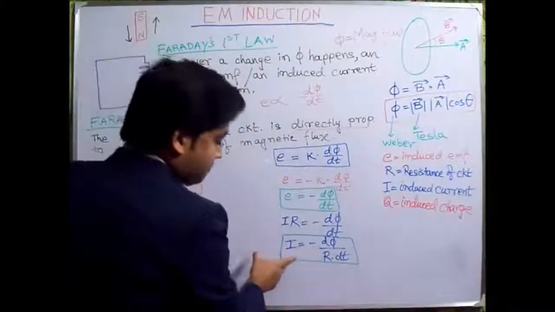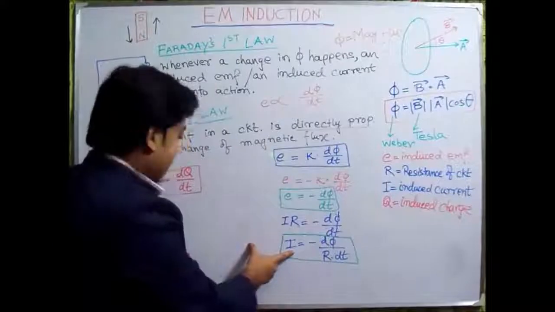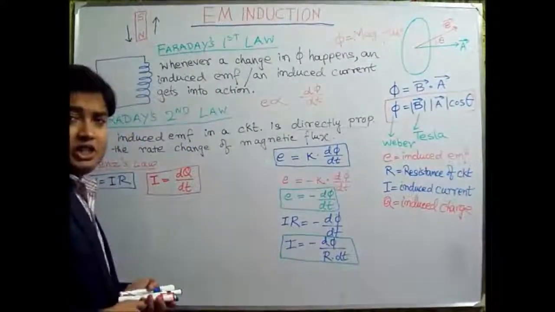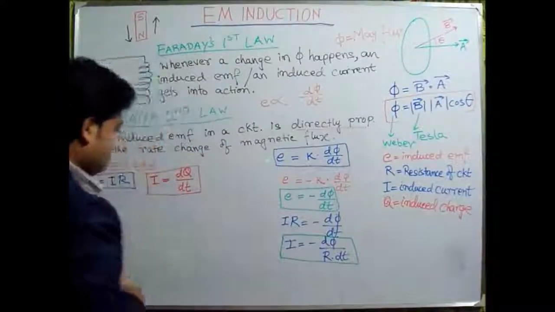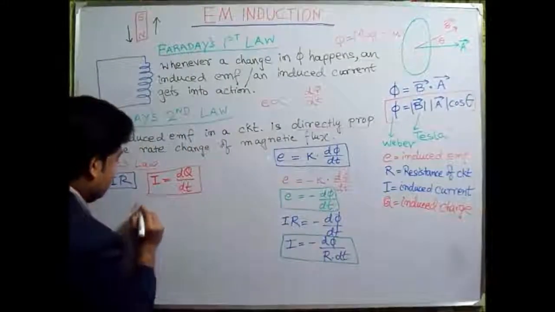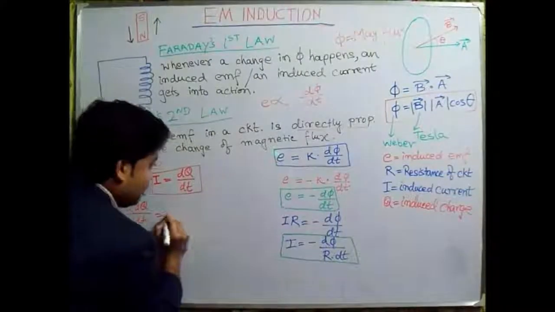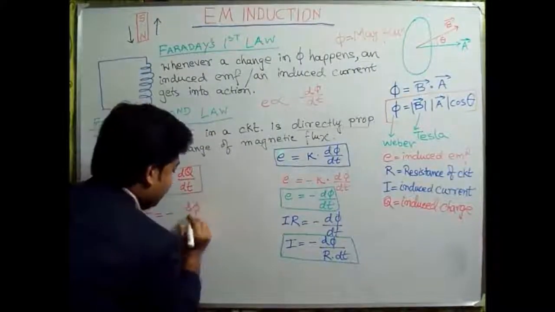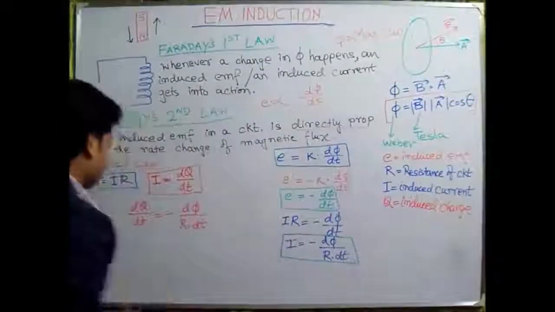So in place of I, if we put dq by dt, let's see what happens. dq by dt will be equal to minus d phi divided by R dt.